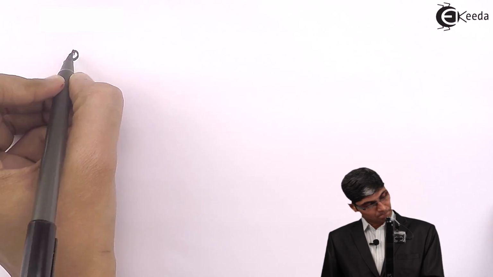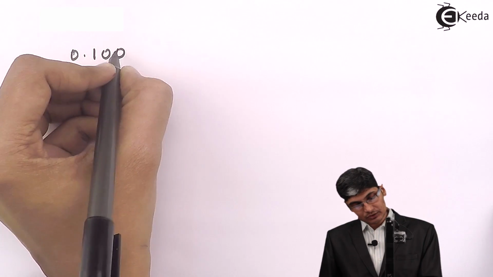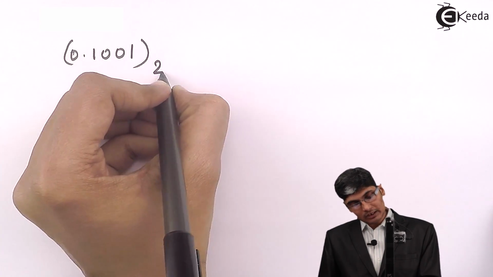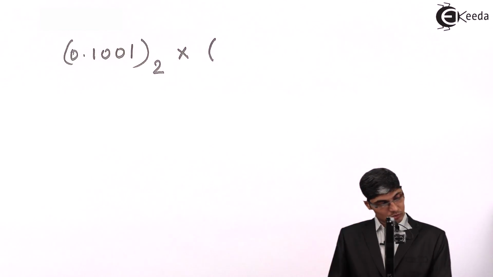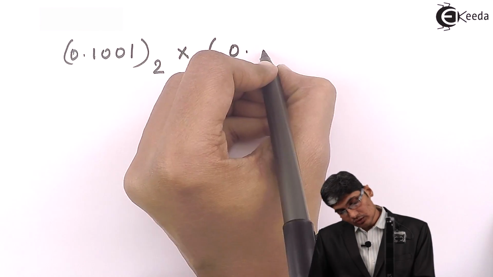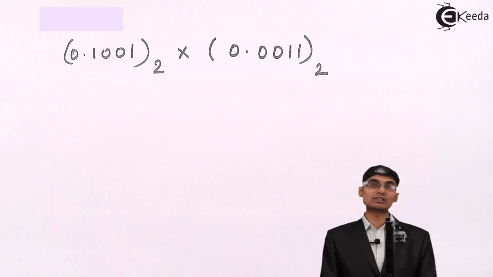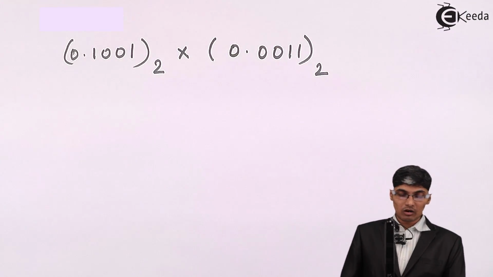So I have a fractional number, 0.1001 to the base 2, and I need to multiply this number by 0.0011 to the base 2. So I have two fractions which are 4 bits long.